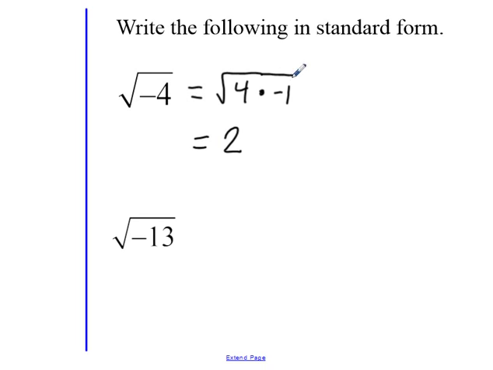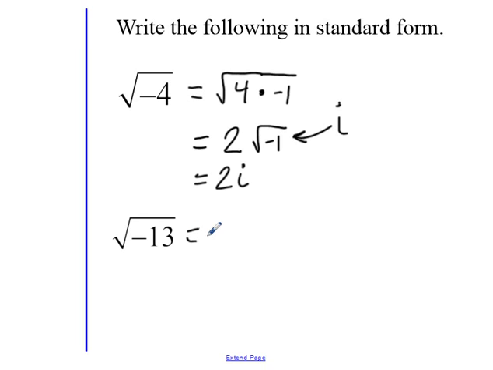But then we still have a negative 1 underneath the radical sign. Since we want to express this with an imaginary number, we are just going to replace the square root of negative 1 with an i. So our answer is 2i. If the square root of 4 is just 2, the square root of negative 4 is 2i, imaginary.